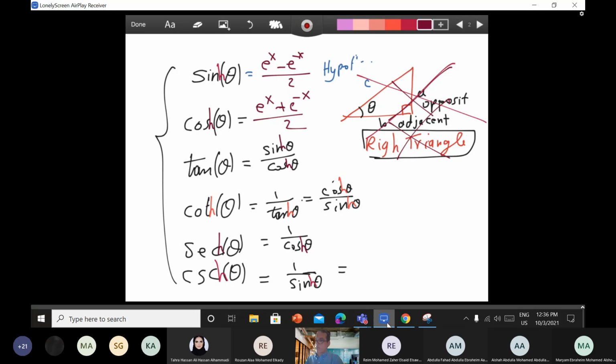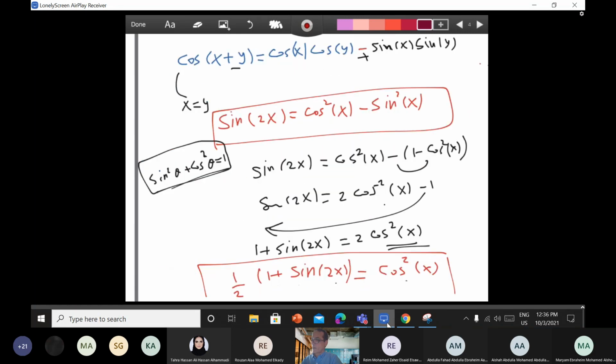This is your basic, so you can just replace e to the x and differentiate. You get the derivative of sinh and cosh, and then you can get the rest of the derivatives. I will leave it for you.